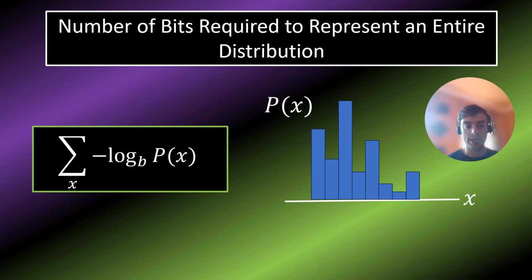So that would actually be negative log base b of p of x, because p of x is always less than 1, and when you take the log of something that is less than 1, you're going to get a negative. But we want to represent our information as positive numbers, so that's why we have the negative in front of that log.